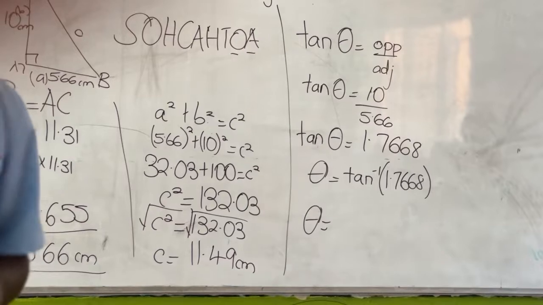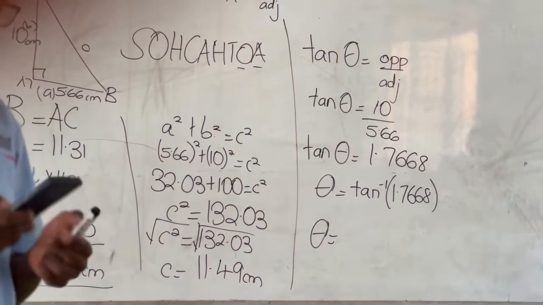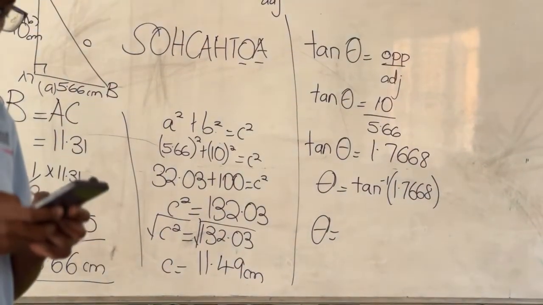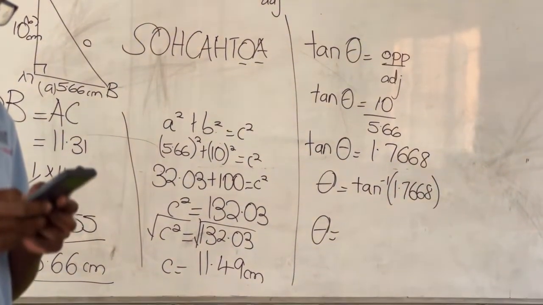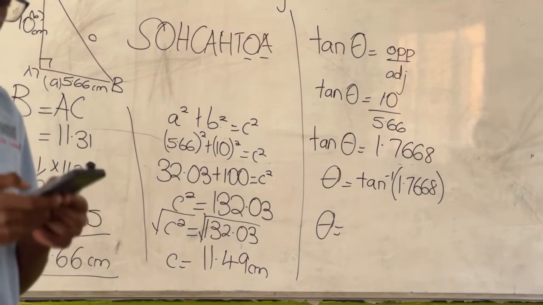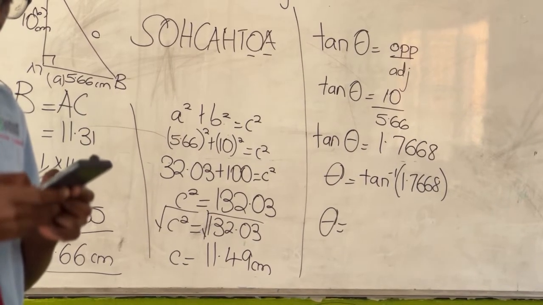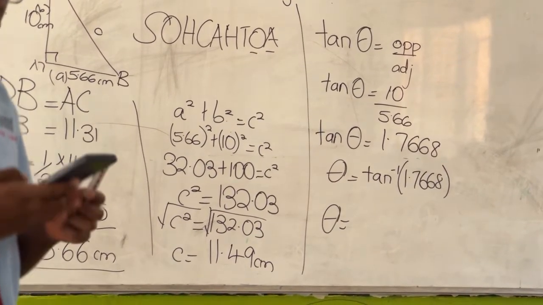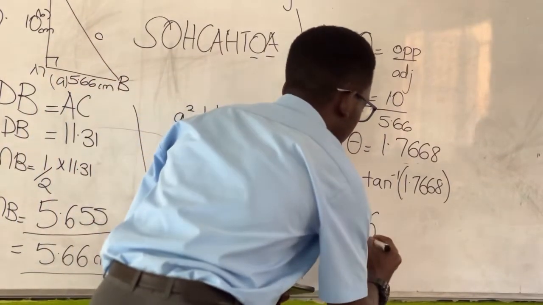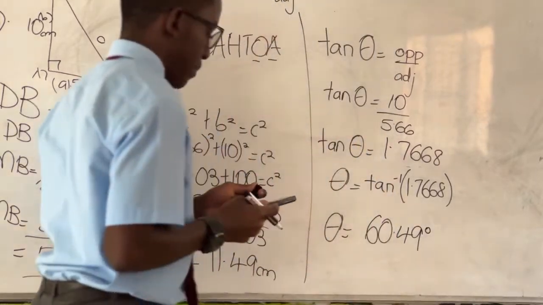If we press the calc, shift tan, 1.7668 equals 60.49 degrees.